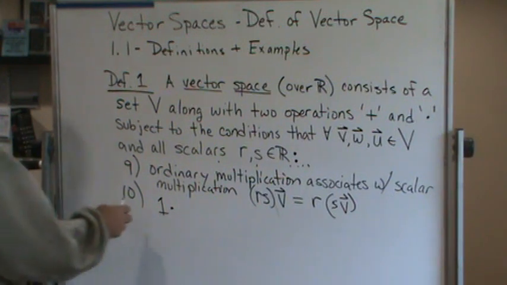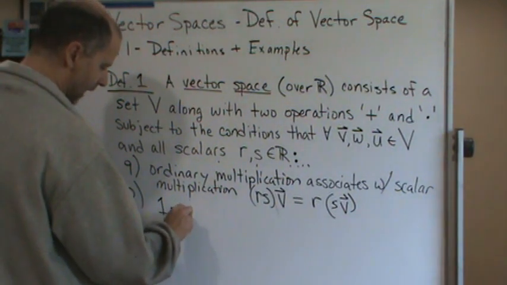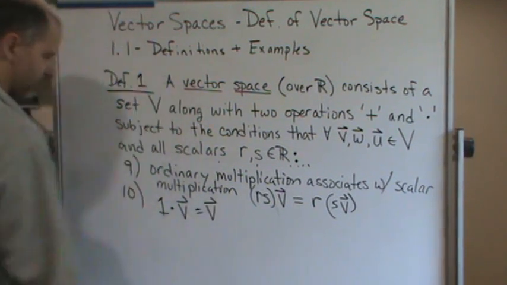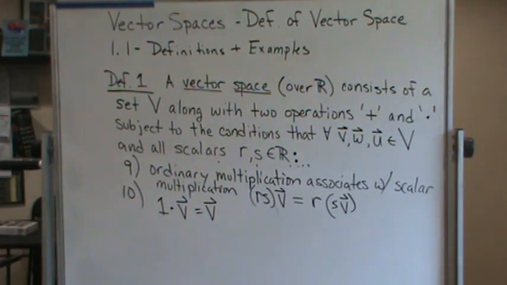So we could take this scalar and multiply it by any vector and it gives us back that vector. So the multiplication by the scalar 1 is the identity operation. And that's it.